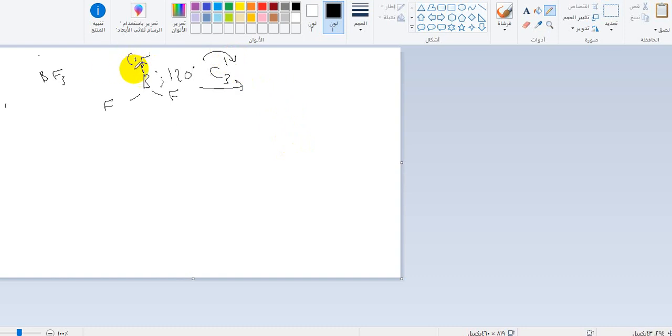This is atoms 1, 2, 3 of boron trifluoride.